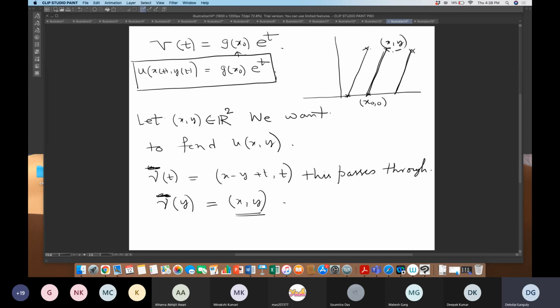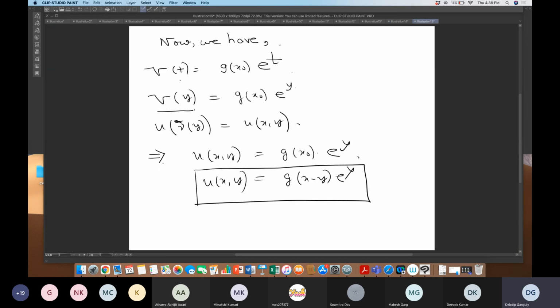So just the usual trick. Find a curve which passes through x and y with slope 1. This is a straight line, gamma t, x minus y plus t comma t. This passes through xy at the point gamma of y. Once you have this, V t equals this. You put t in terms of y. V of y equals g of x naught e to the power y. What is V of y?